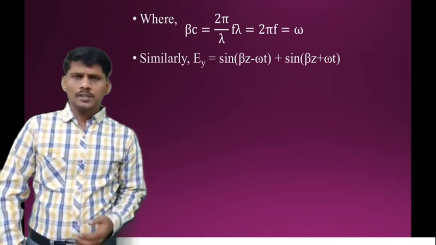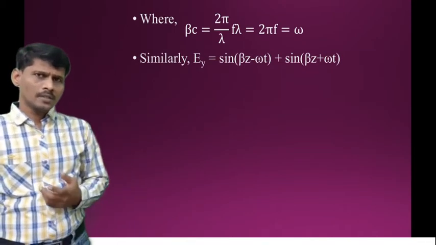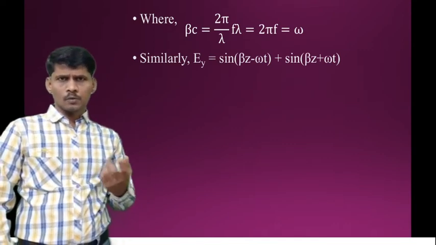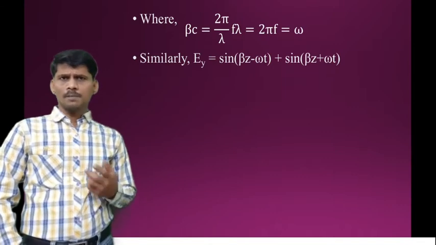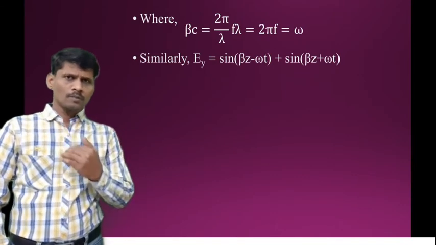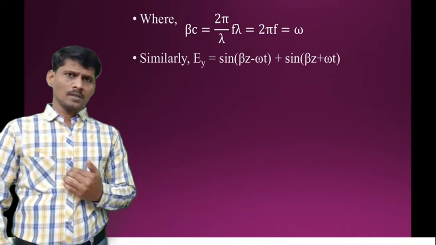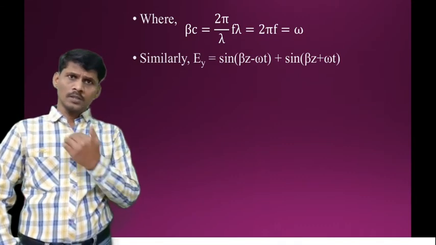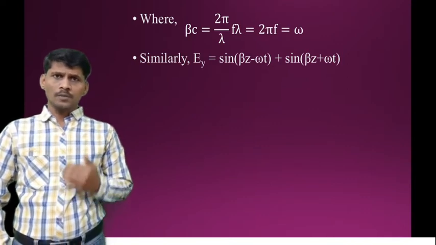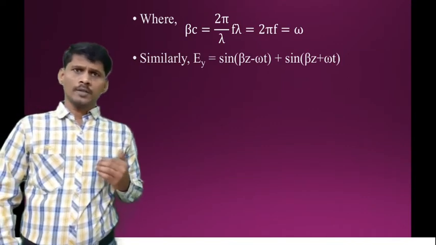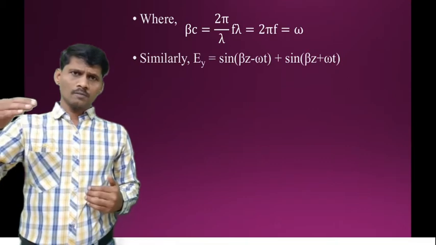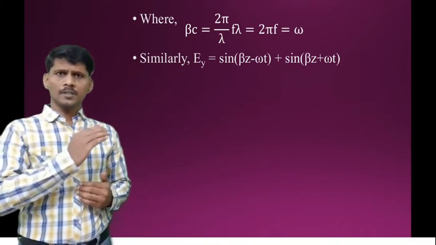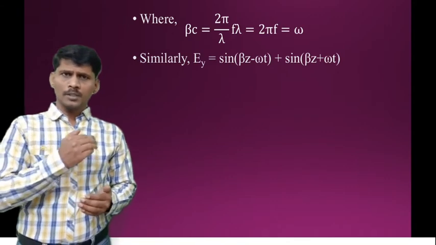Similarly, the general solution of the other wave equation is Ey is equal to sin of beta z minus omega t plus sin of beta z plus omega t. There are four expressions from the electromagnetic wave equations of free space. We get four expressions after applying the uniform plane wave conditions. Equation 1, general solution Ex, is sin of beta z minus omega t plus sin of beta z plus omega t.